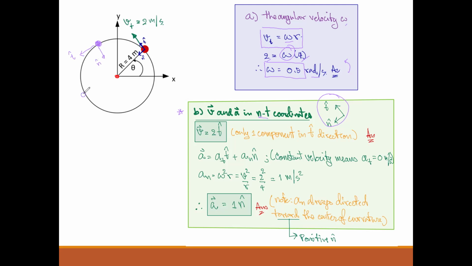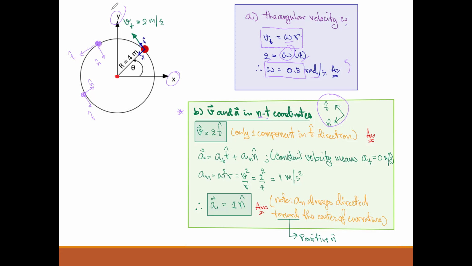If the particle moves to here, the tangential direction changes to be like this and the normal direction changes to this instead. So it's not like x and y, which are fixed and do not change direction, always to the left and upward. Normal and tangential directions, and also r and theta, change depending on the position.